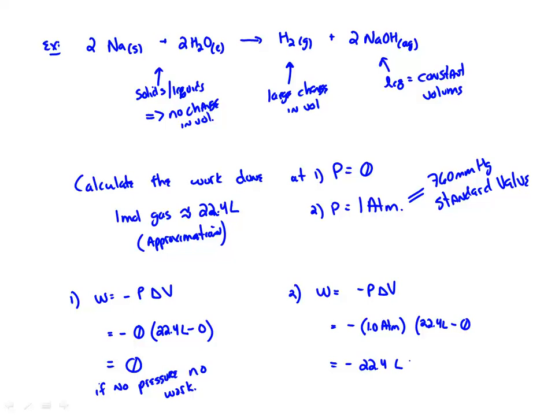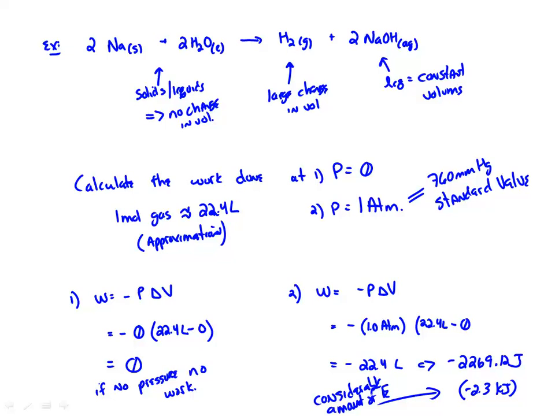And then if I convert that to joules, that ends up being minus 2,269.12 joules, or about minus 2.3 kilojoules. So it's a considerable amount of energy just to expand something.